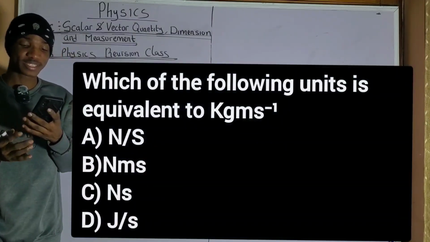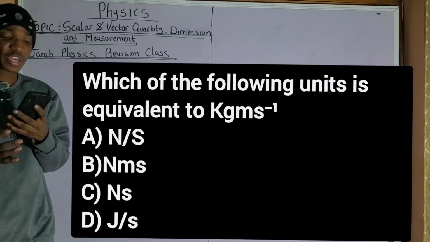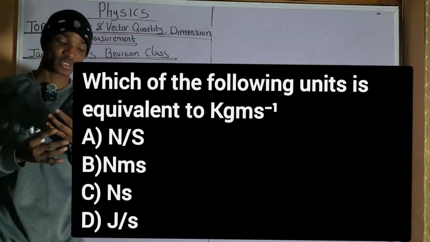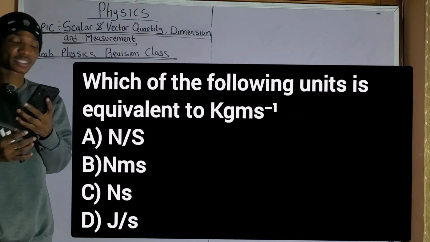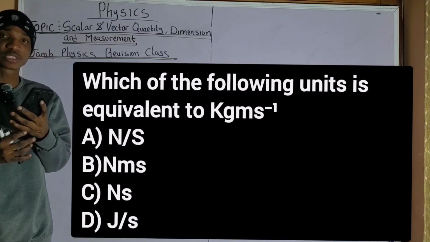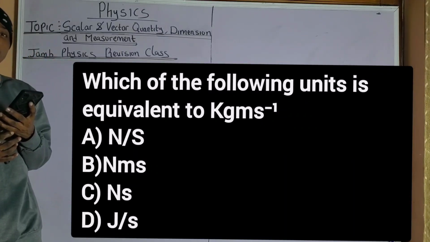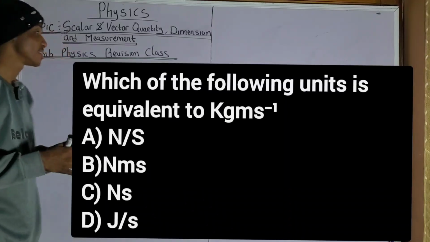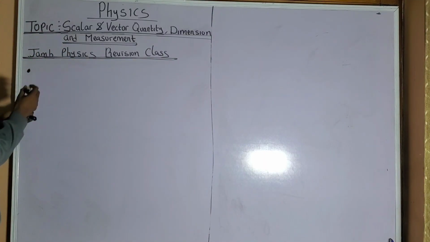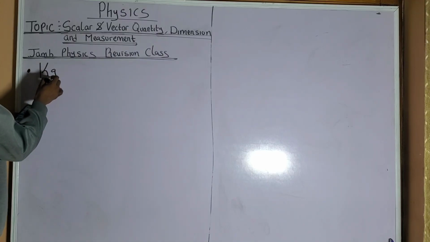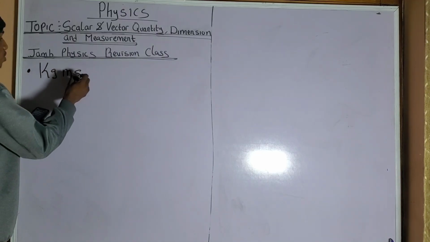Which of the following units is equivalent to kilogram meter per seconds? A. Newton per seconds. B. Newton meter seconds. C. Newton seconds. D. Joule per seconds. Okay, the unit that we're given is kilogram meter per seconds, right?